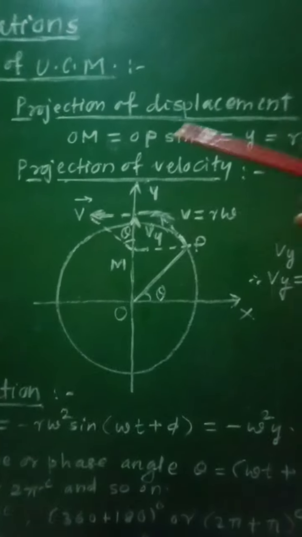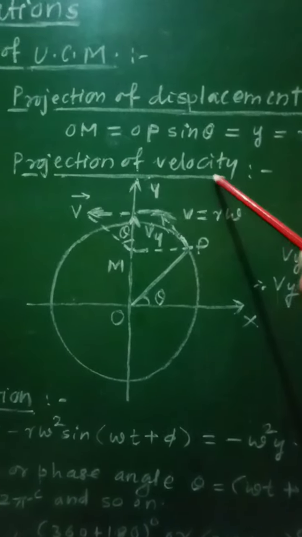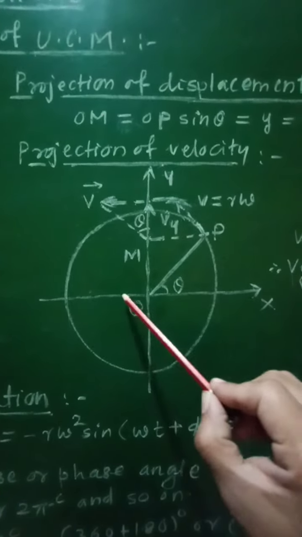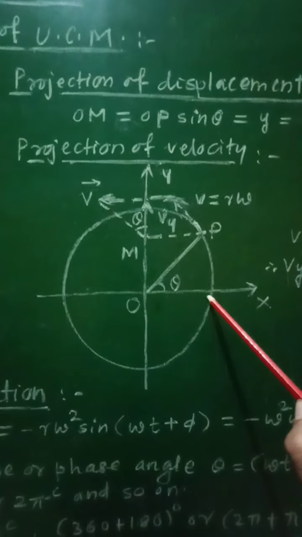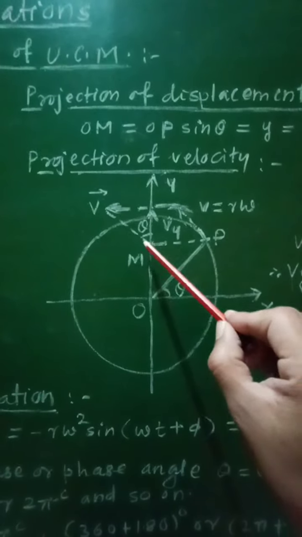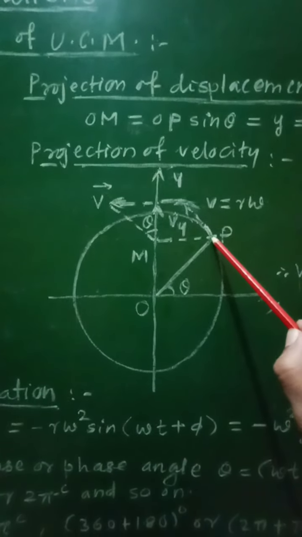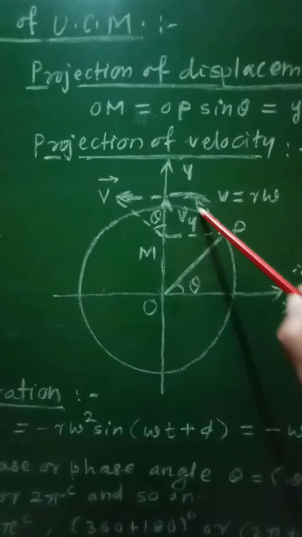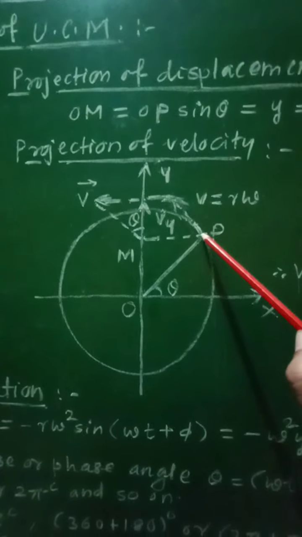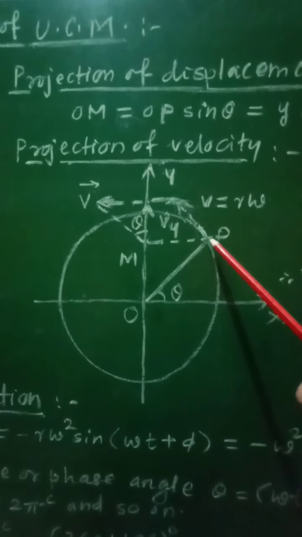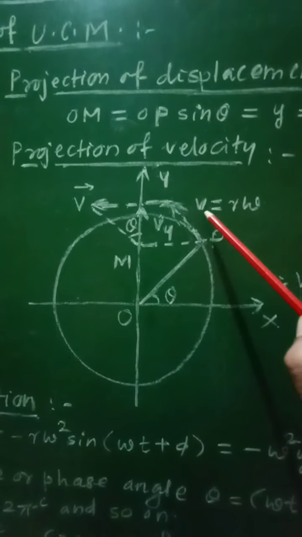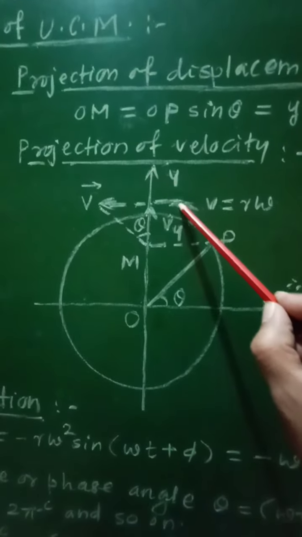Now let us see the projection of velocity. For that purpose, again we have considered this circle. The center of the circle lies at the origin of the coordinate axis. If you consider this position P, PM will represent the projection for position P. Now for this circle, the linear velocity v will always be tangent to the circle at that point, and therefore at point P, this tangent will represent v equal to r omega, that is the linear velocity.